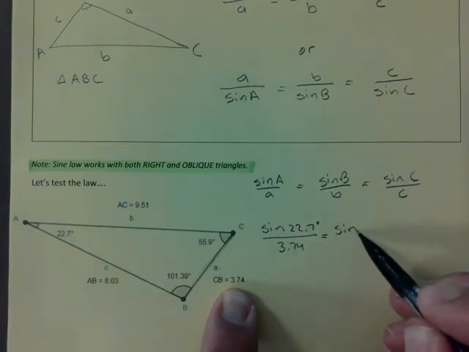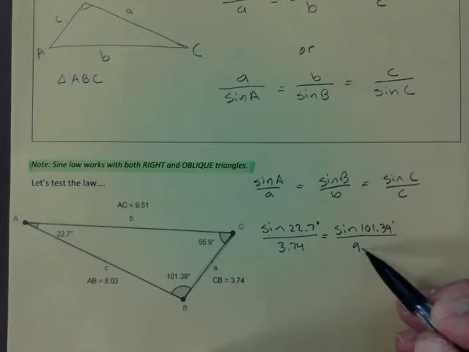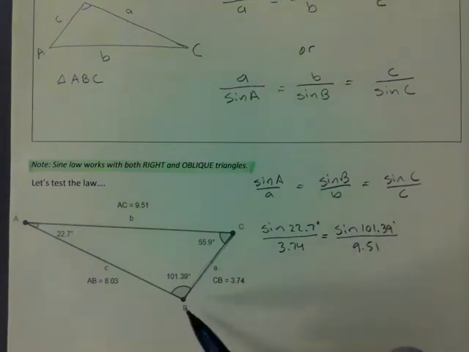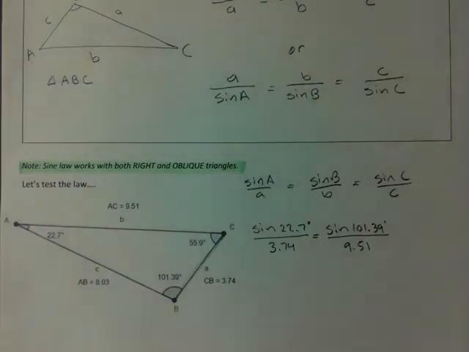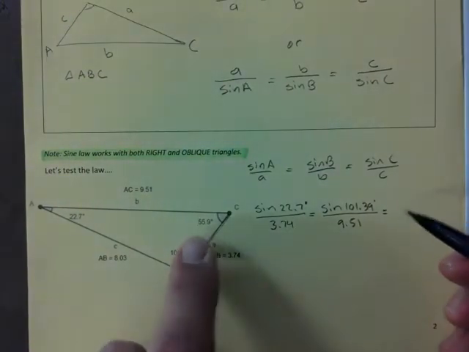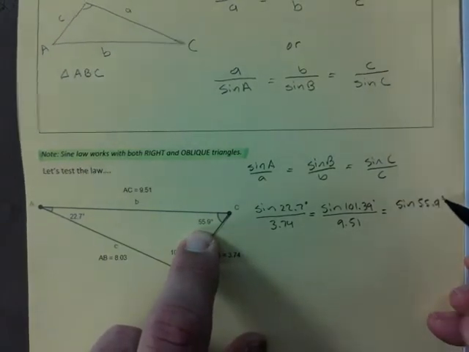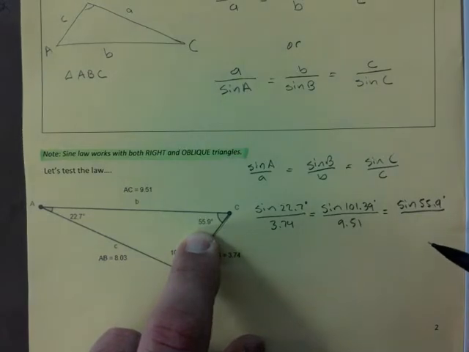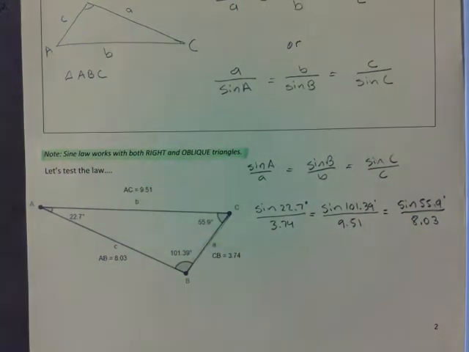Take sine of angle B, which is 101.39, divided by 9.51. Right? That's the side across from it. And then the last is sine of C. And we might be off by a little bit because I should be using more decimal places, but it should be pretty close.